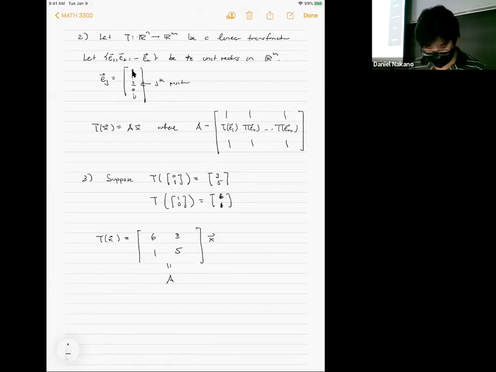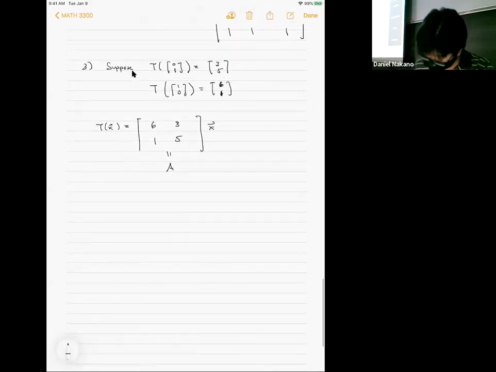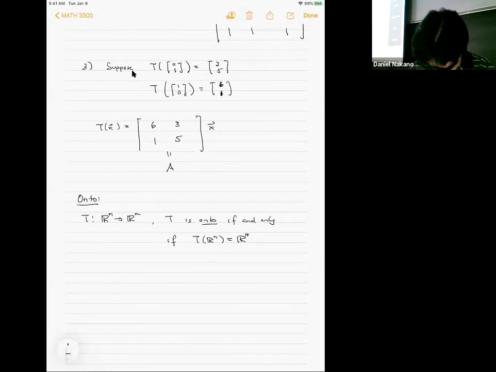All right, now let's review the idea of onto and one-to-one. So if T is a linear transformation from Rn to Rm, then T is onto if and only if the image of T, so T of Rn, is all of Rm.